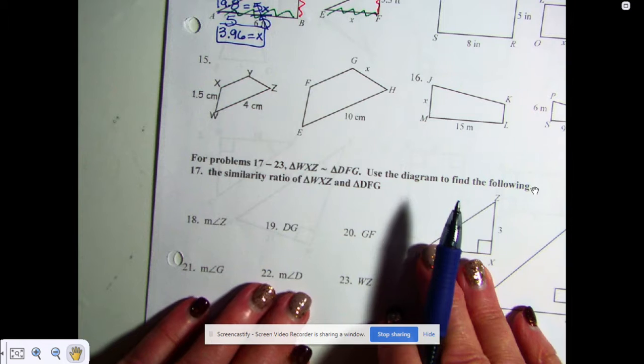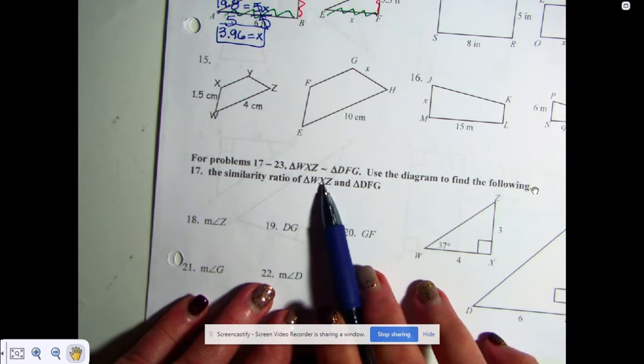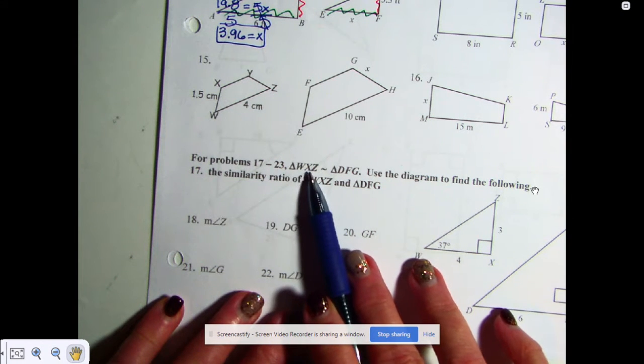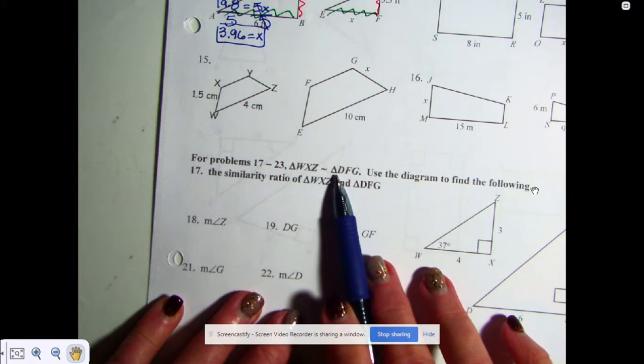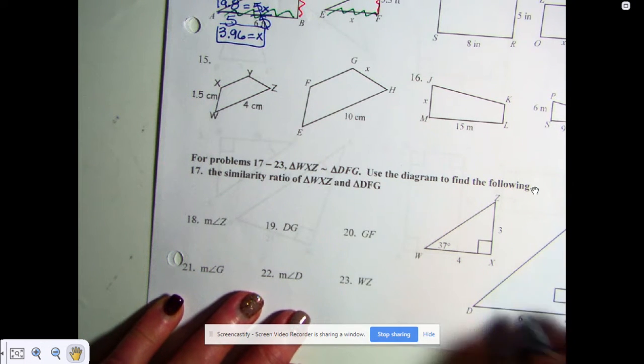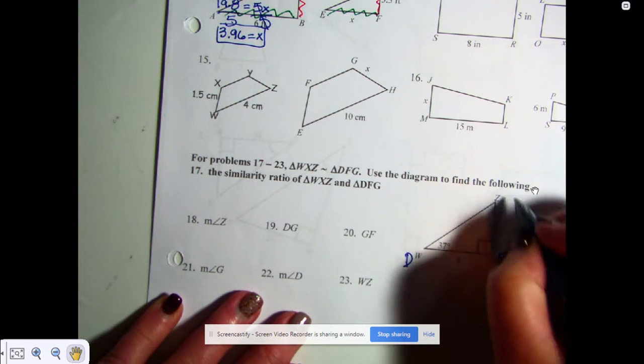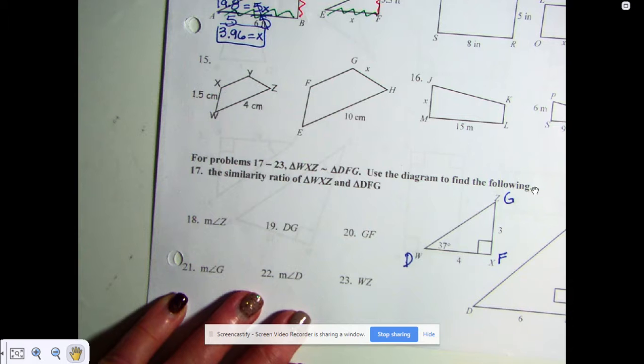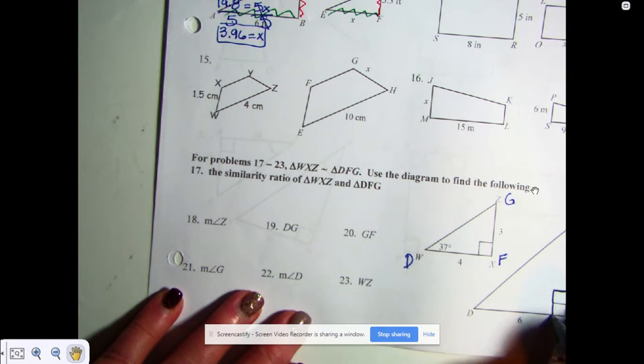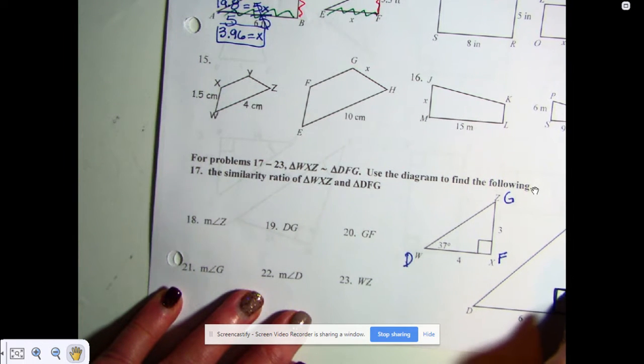Then on the last part, it says that triangle WXZ is similar to DFG. So I can put my D, my F, and my G here. And I want you to look down here at this picture. That box kind of got carried away. He's supposed to be right down there.